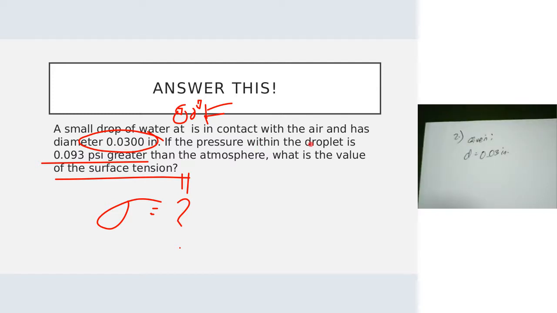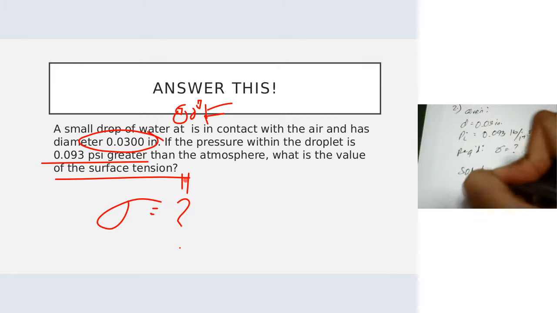If the pressure within the droplet is 0.093 psi greater than the atmosphere, so basically we have P sub I equals 0.093 psi. This is pound per inch squared. What is the value of the surface tension? So the required is sigma.